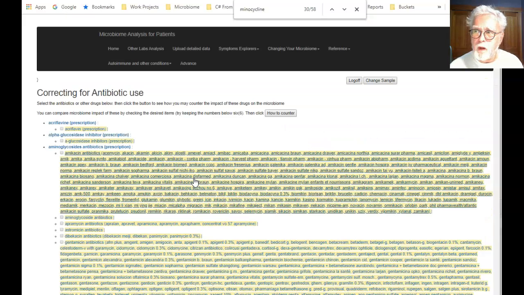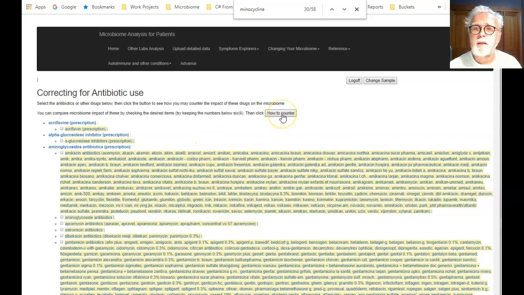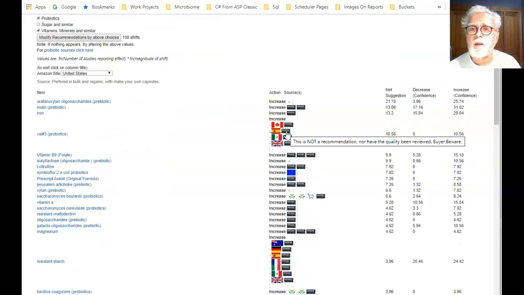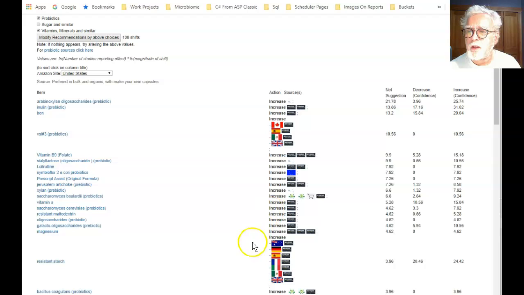It may be just one, it may be just an antibiotic you were prescribed. You do need to know the name of the antibiotic, because every antibiotic modifies the gut bacteria in a different way. Now I just go up to the top, to "how to counter." It will do some computations and give you a list of what you should be taking to counteract the bacteria which are being damaged.